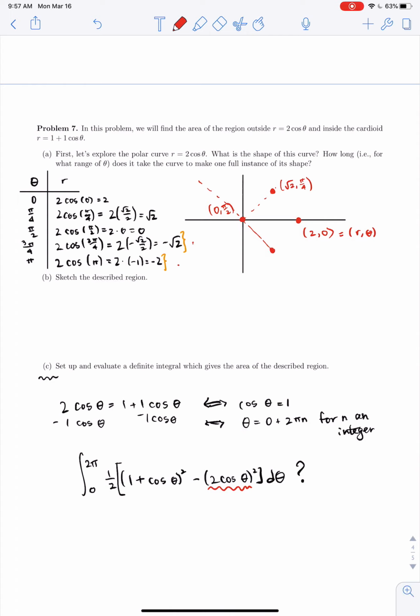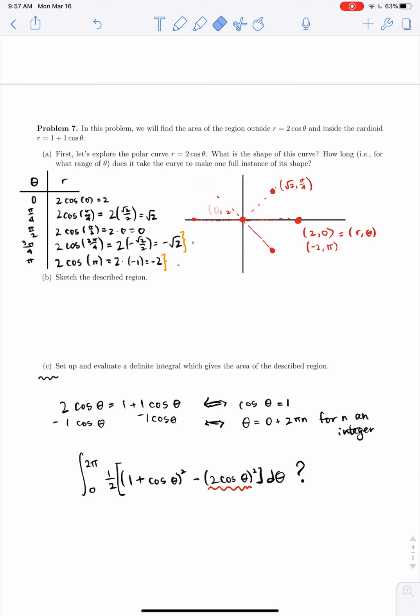Okay, and then at pi, which should technically be over here, we would be graphing negative 2. Well, that would require us to flip it over here, and now we're back on top of 2, 0. So this is both negative 2, pi and 2, 0.